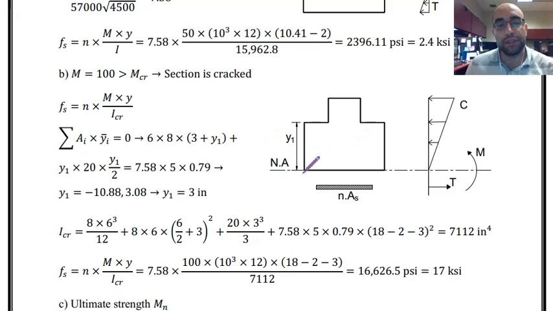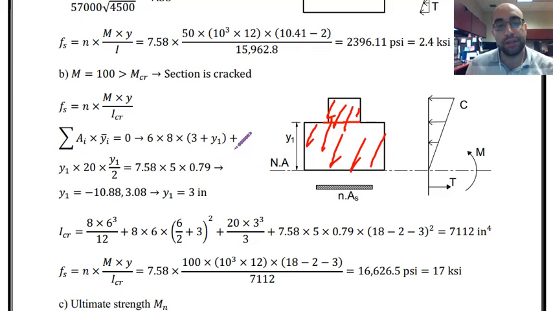So for finding this, we have to calculate the moments of different areas that we have in the shape, and the moments on one side should be equal to the moments of the other side. On this side, I have two rectangles, this bigger one and that smaller one on the top.